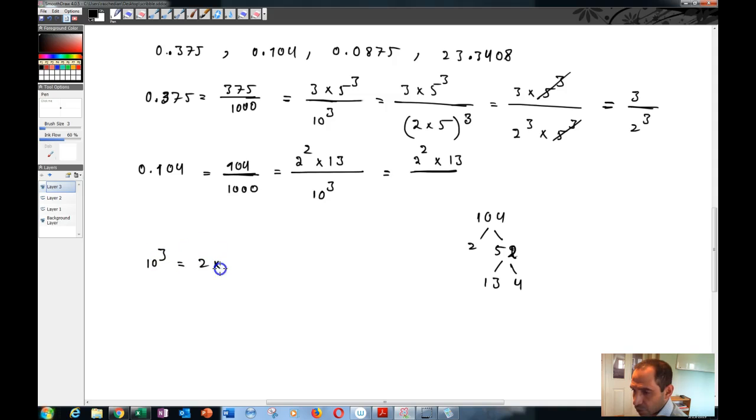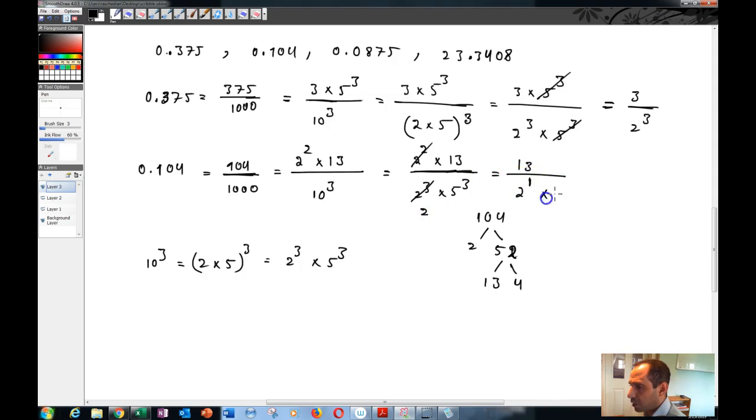You can write it as 2 times 5 whole raised to the power 3, which is equal to 2 cubed times 5 cubed. So 2 cubed and 2 squared you can simplify, so you'll get a 2 over here. So it's equal to 13 over 2 raised to the power 1 times 5 raised to the power 3. That's basically this number over here.